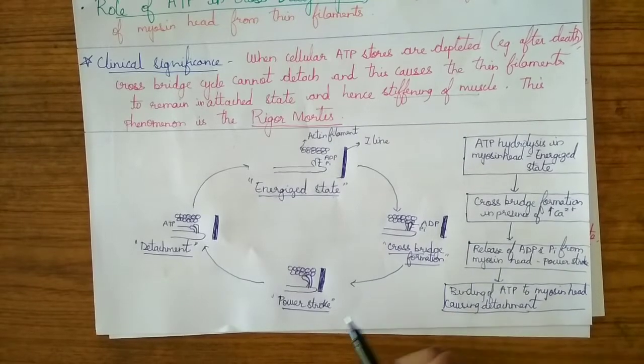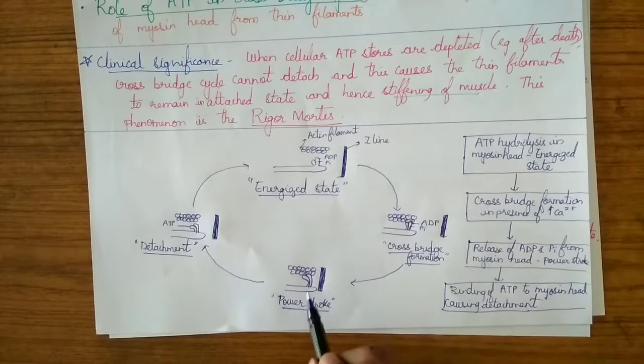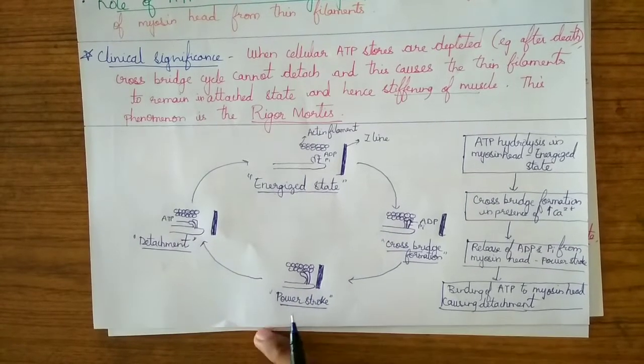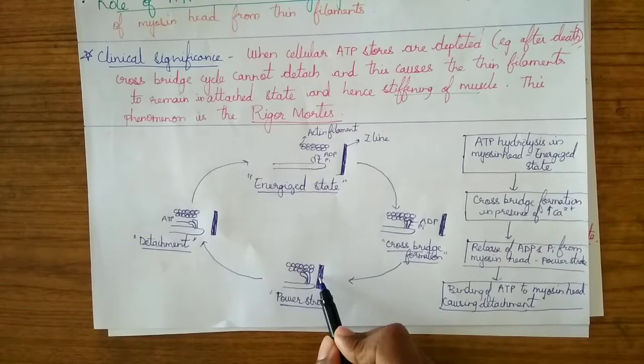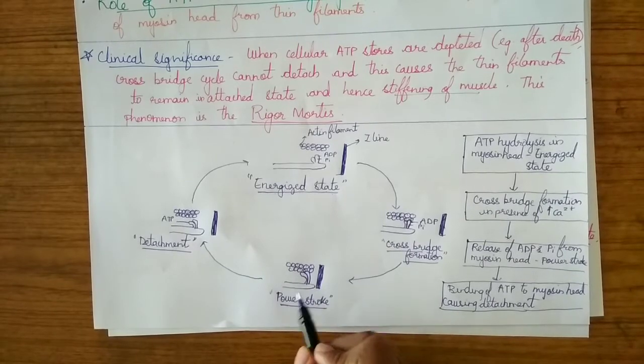So afterwards there is detachment of the phosphate molecule and slowly the ADP molecule also, which is called the power stroke. So due to this power stroke, the actin filaments are pulled towards the center and there is shortening of the sarcomere length. The A band remains unchanged, the H zone and I band are shortened.